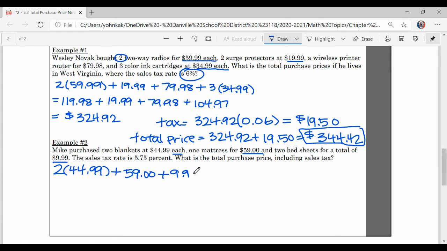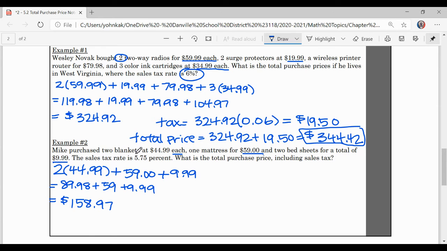It's total $9.99. All right, so let's do some simplifying. If I multiply 2 and 44.99, I get 89.98 plus 59 plus 9.99. That's going to give me a total of 158.97. So that's just the total of the items that I purchased.